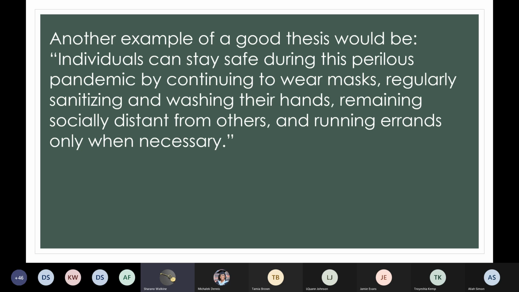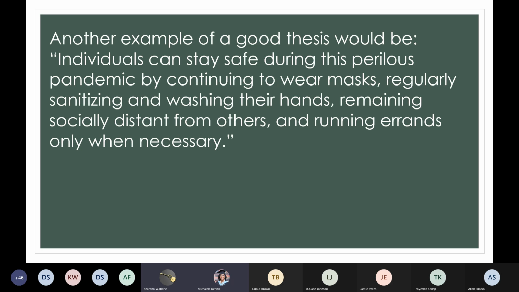Yes, Beyonce, that is important. Write them all together instead of just doing one, one, one. So Tyranny said wear your mask, wash your hands. Continuing to wear masks, regularly sanitizing and washing hands, remaining socially distanced from others, running errands only when necessary. Good. Guys, you're on point.